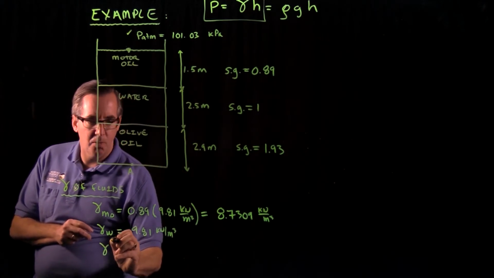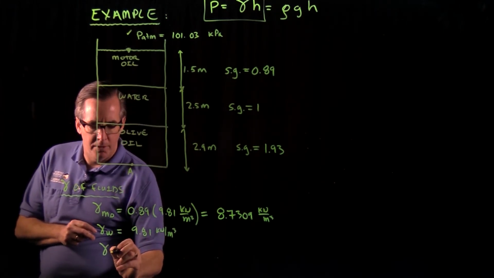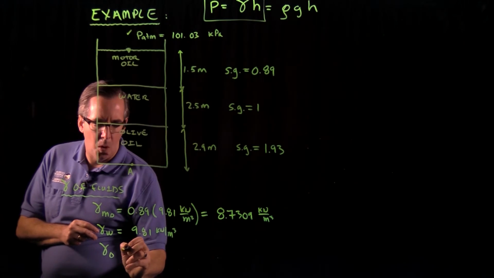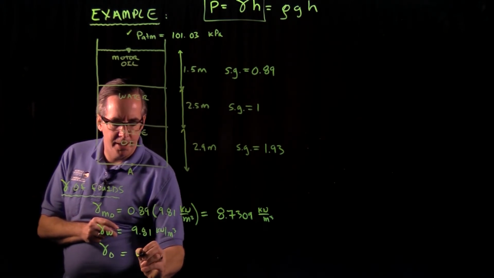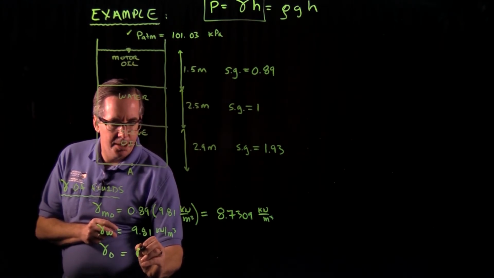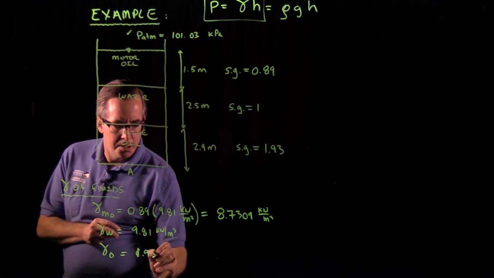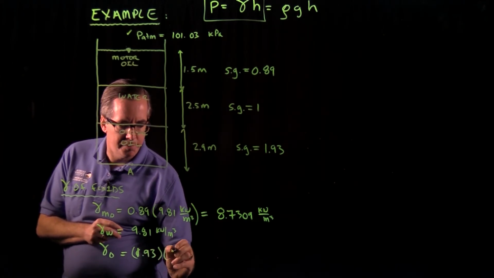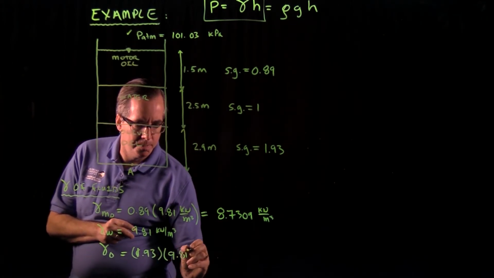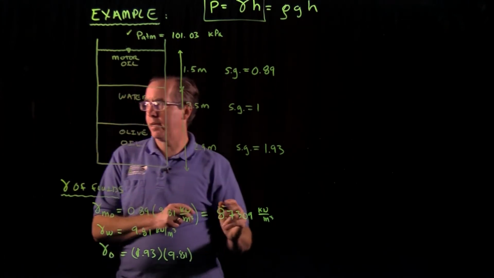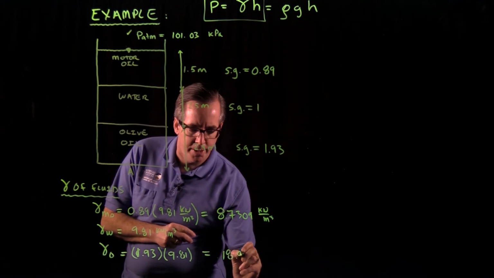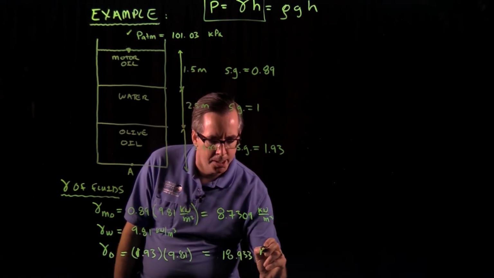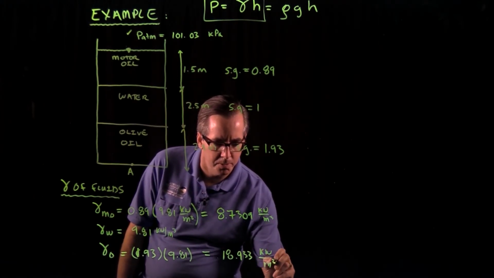And then the specific weight of the olive oil, I'll just say O for olive oil, that would be the 1.93 times the 9.81, and that comes out to be 18.933 kilonewtons per meter cubed.